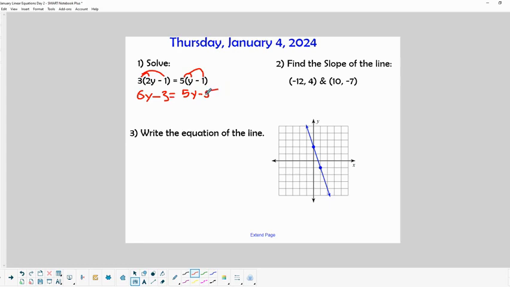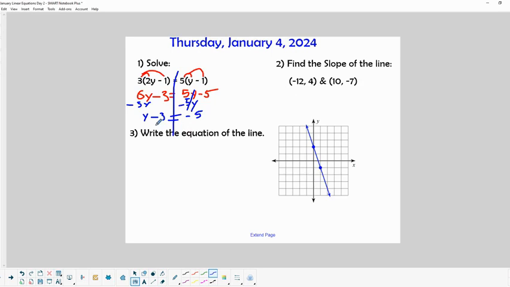And then we're just going to move all the variables to one side and all the numbers to the other. So let's start by minusing 5y from both sides. And when we say both sides, we mean both sides of the equal sign or both sides of the Great Wall of China. So we move minus 5y, which gives us just 1y minus 3 equals, these y's cancel out, and we have negative 5.